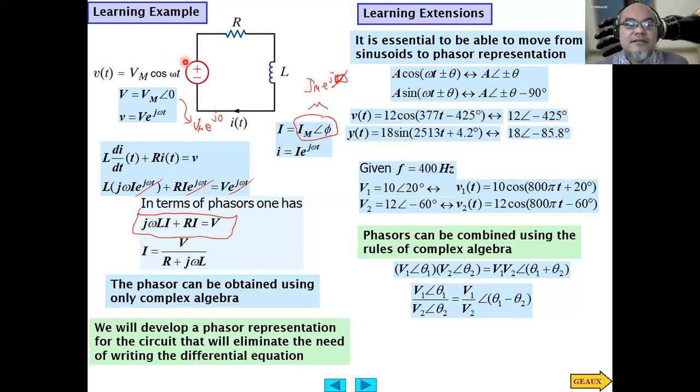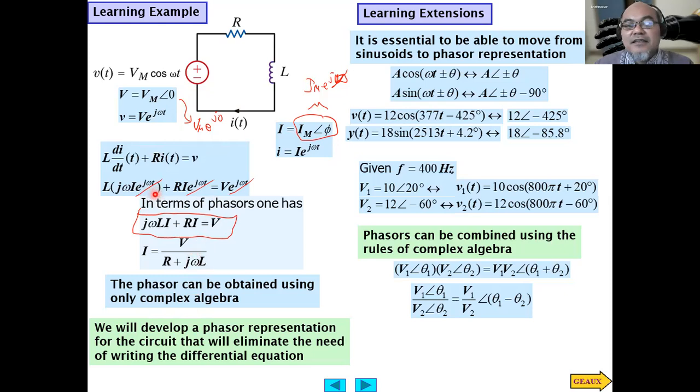So this circuit can then be expressed in terms of phasors in KVL. One will have j omega L I plus R I equals the voltage from the voltage source. The current equals voltage divided by R plus j omega L. So you see here that we can easily find the current using simple complex algebra, not that simple maybe.